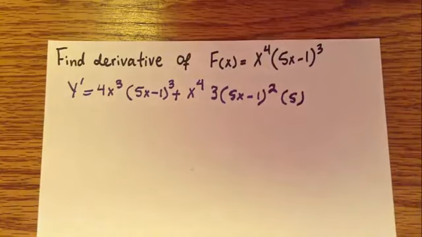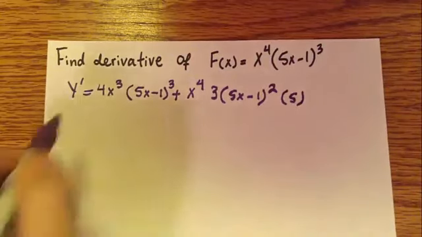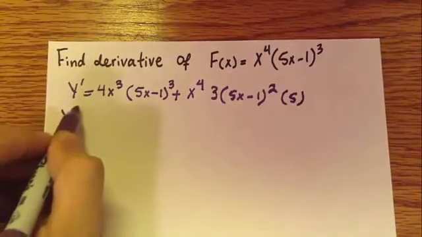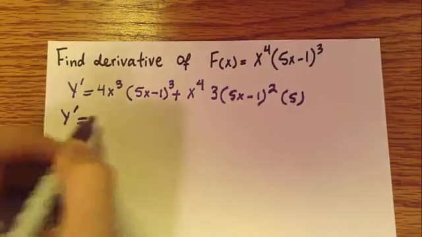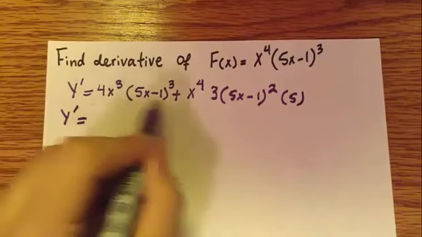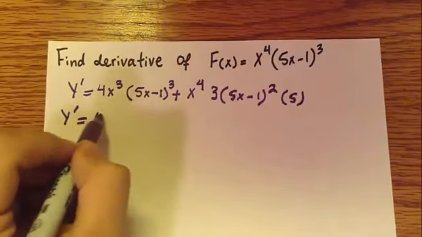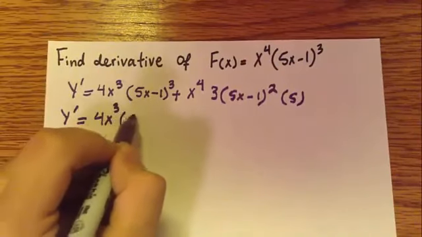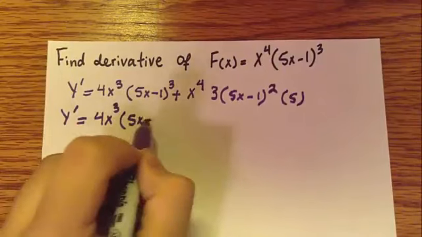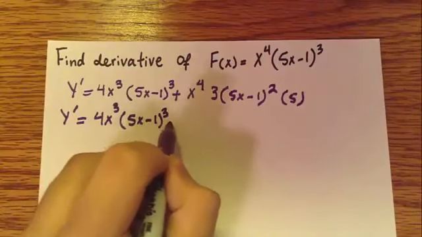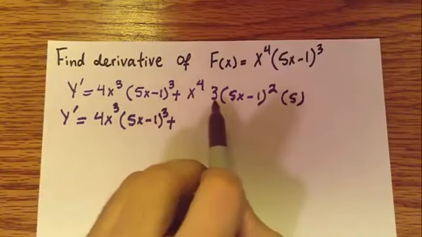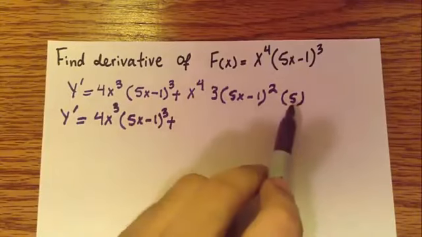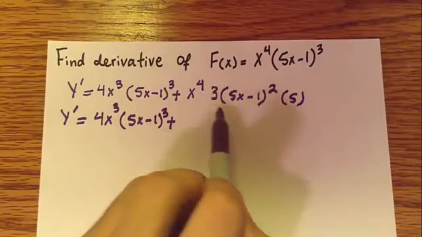So let's see here, maybe we can simplify this a bit more. So we have y prime equals, there's nothing I can really do for the first part, so I'm just going to have 4x cubed times (5x minus 1) cubed plus, let's see here, I have a 3, I have a 5, I have x to the fourth power hanging out here.